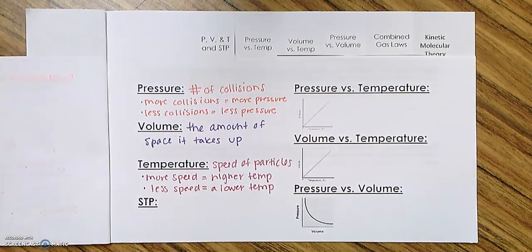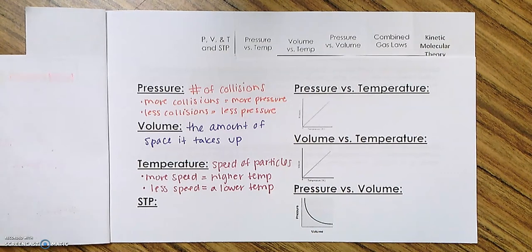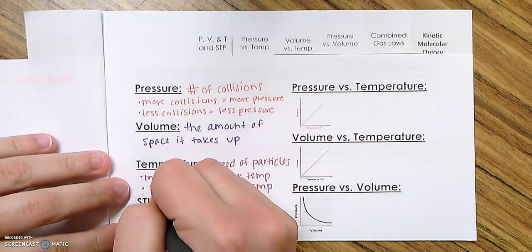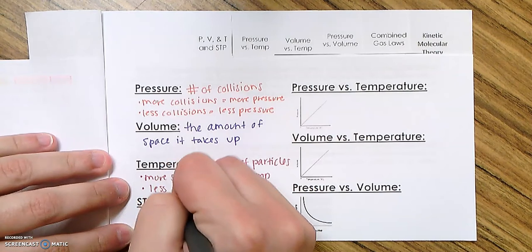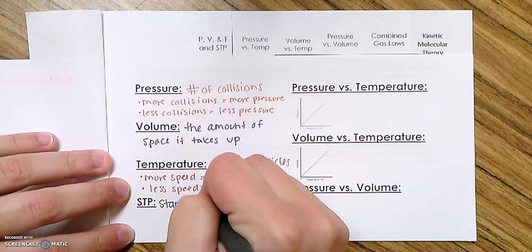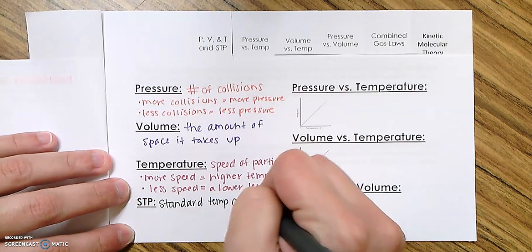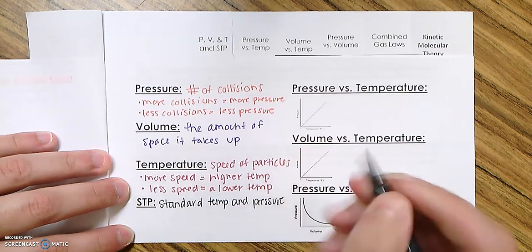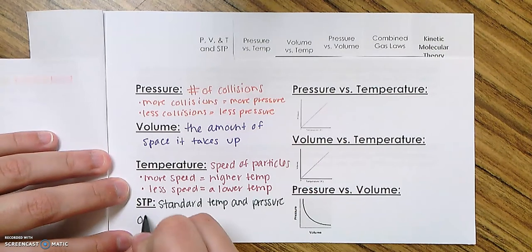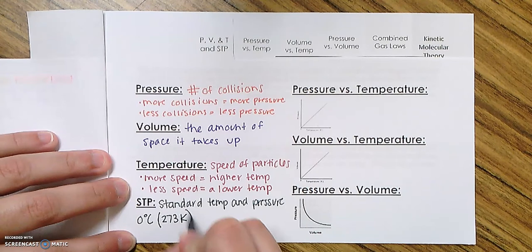Then let's talk about STP. So STP stands for standard temperature and pressure. So standard temperature is going to be 0 degrees Celsius or 273 Kelvin.